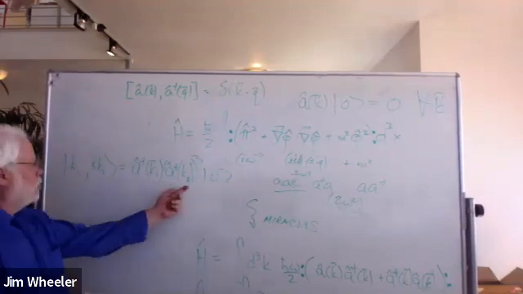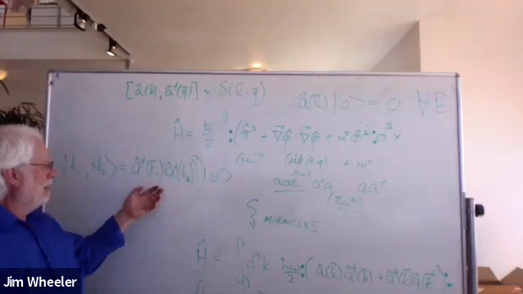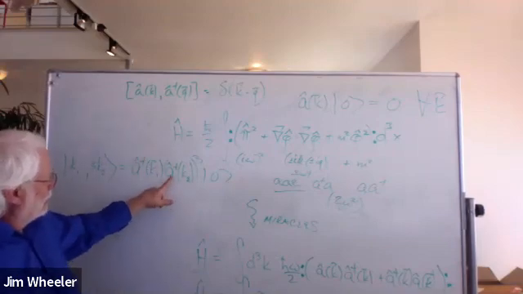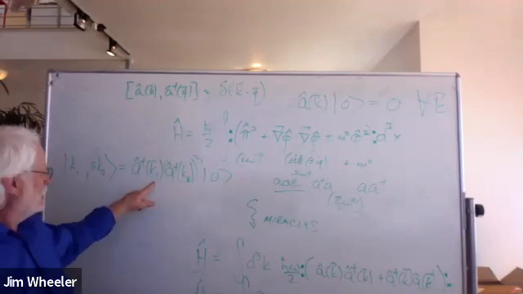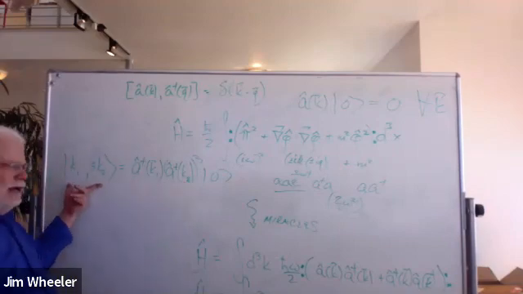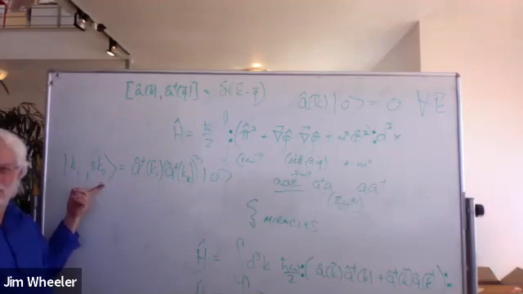All these commute with one another, so I can write them any way I like, but this creates 3 particles with wave vector K2. This creates one with K1. So I have a state with 4 particles.